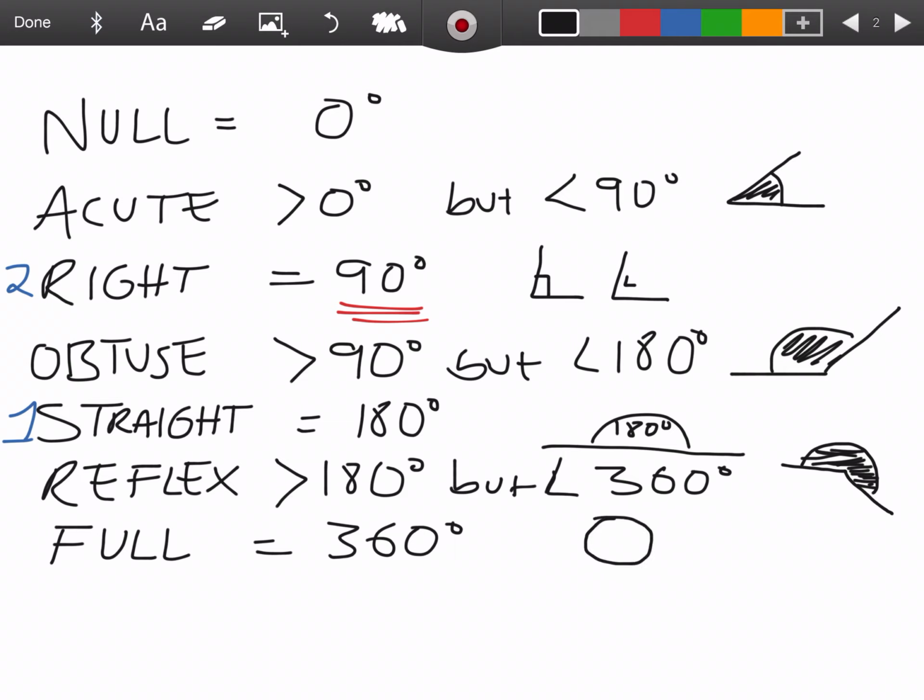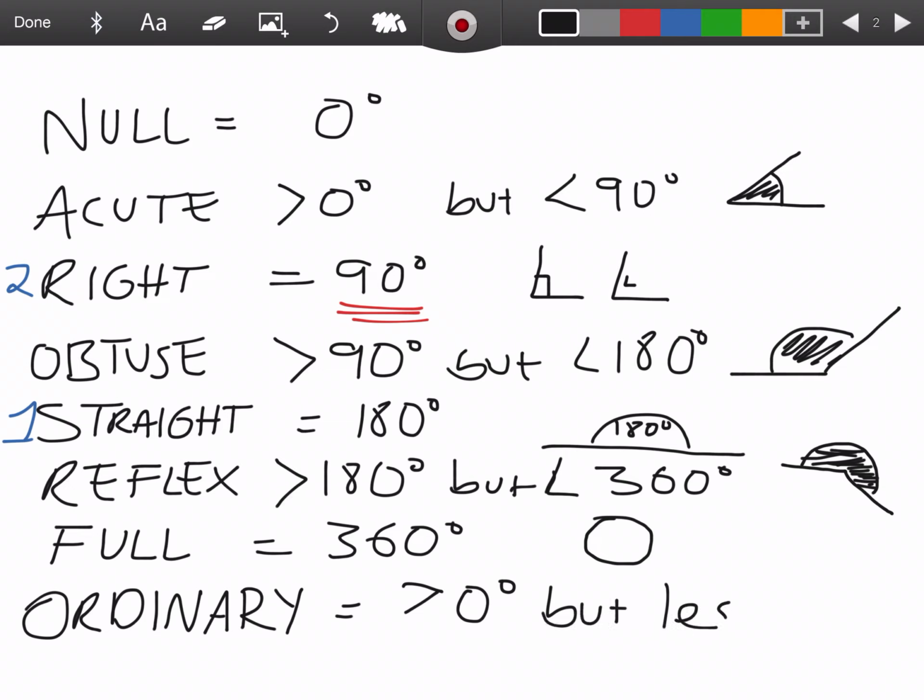Now, from there, we also call an ordinary angle, essentially. Ordinary angles are ones between 0 and 180, generally. So, greater than 0, but less than 180.